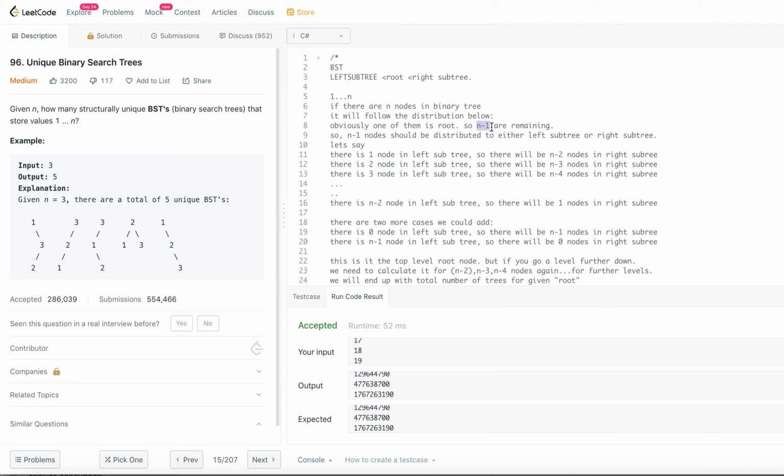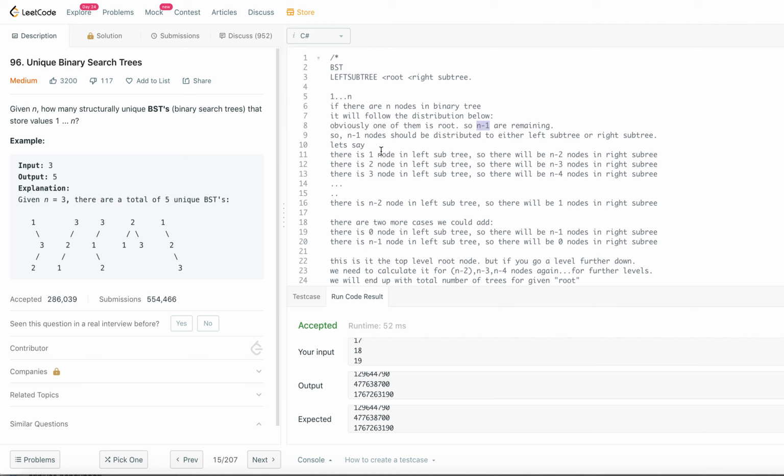We could divide these n minus 1 nodes in so many different ways. So let's see what those ways are.